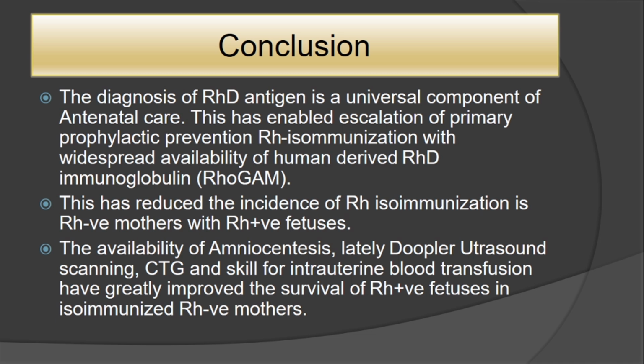This has reduced significantly the incidence of rhesus isoimmunization in rhesus negative mothers with rhesus positive fetuses. The availability of amniocentesis and recently Doppler ultrasound scanning to measure middle cerebral artery peak systolic velocity, cardiotocography, and skill for intrauterine blood transfusion have greatly improved the survival of rhesus positive fetuses in isoimmunized rhesus negative mothers. Thank you.